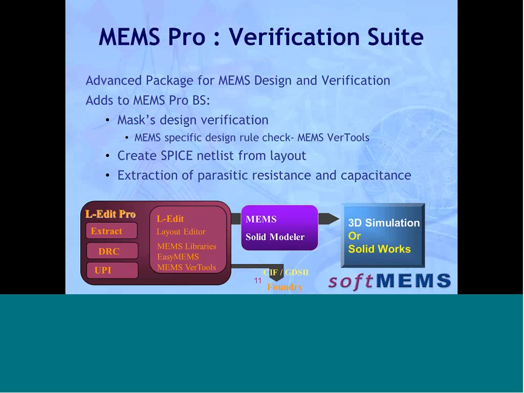So what I've described so far was our basic suite, and that is a tool suite that allows you to create your mask layouts, create 3-dimensional models, and then send them to a finite element tool or to be fabricated at the fabrication house. So what I'm going to describe a little bit now is our next tool that is called our verification suite.